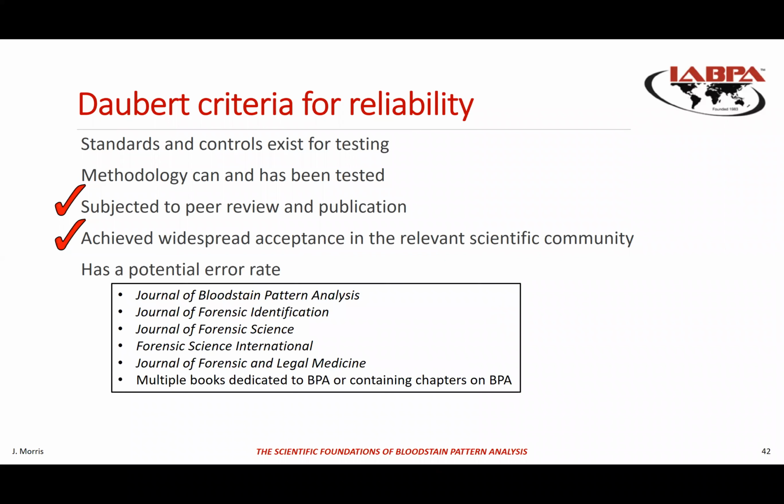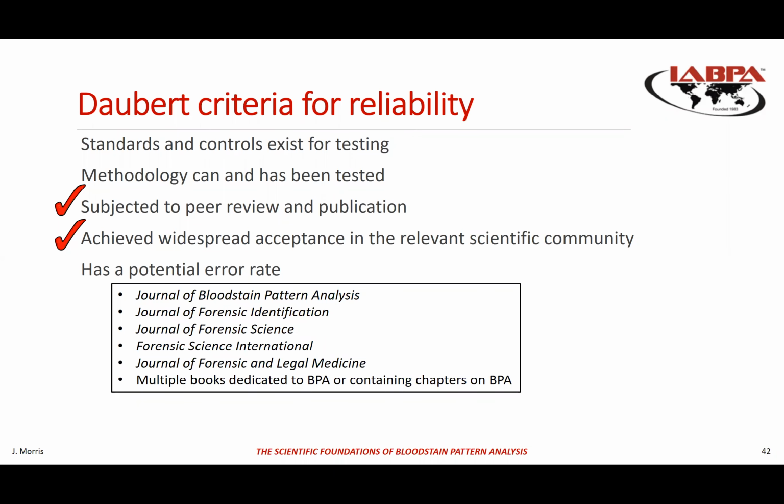Has it been subjected to peer review? Yes, it has. There are numerous forensic journals that are peer-reviewed journals that routinely publish articles that deal directly or to some degree with bloodstain pattern analysis. In fact, as mentioned before, I'm the editor of the Journal of Bloodstain Pattern Analysis.